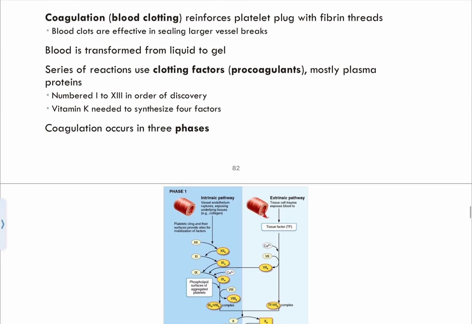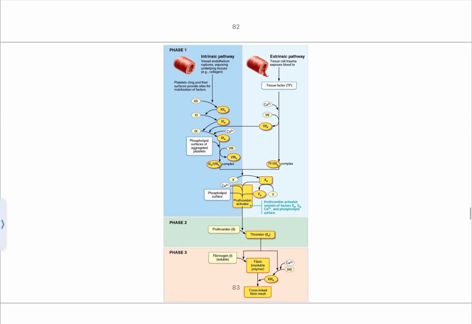So let's move on to these phases. These are the 3 phases in a big picture. There's 2 different pathways for phase 1, which we'll talk about in a little bit, intrinsic or extrinsic pathway. Phase 2 is pretty simple, and phase 3 is pretty simple as well. So most of our time will probably be spent on phase 1.